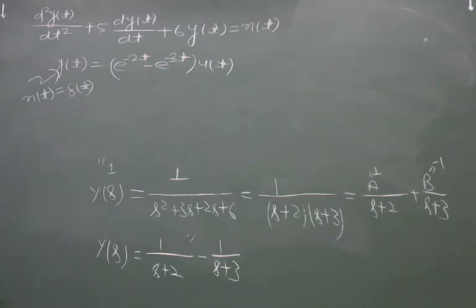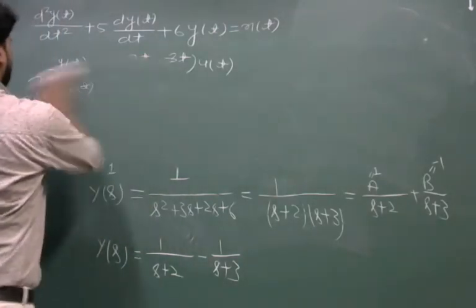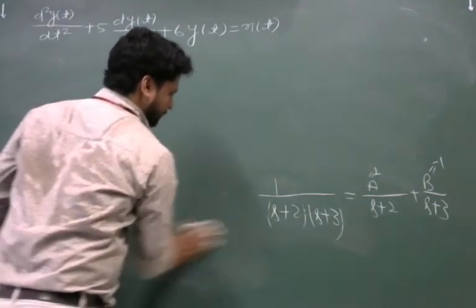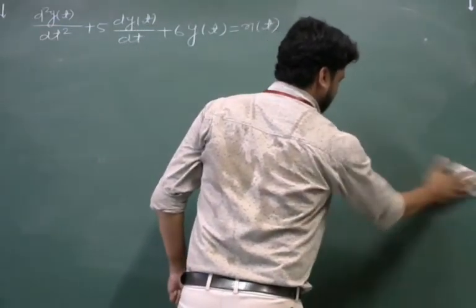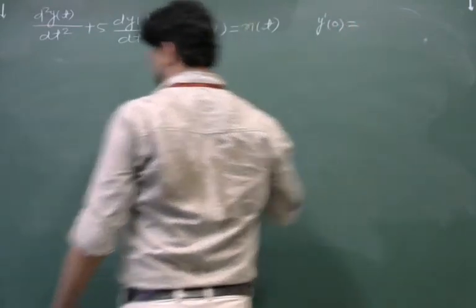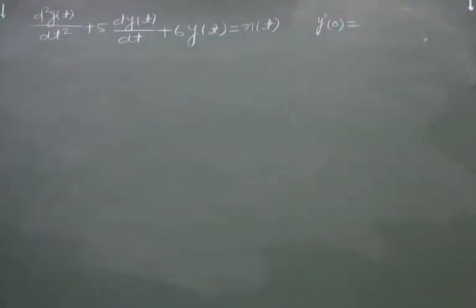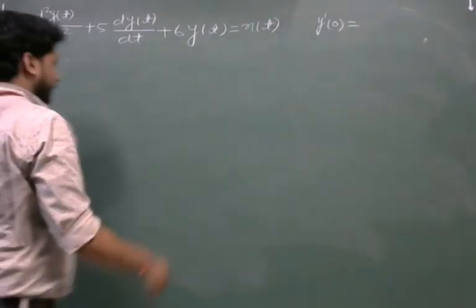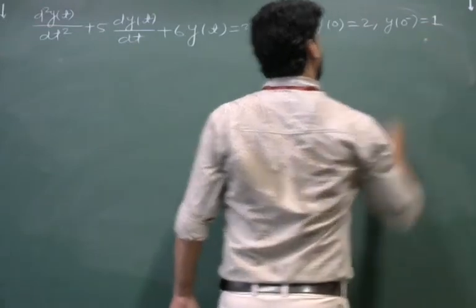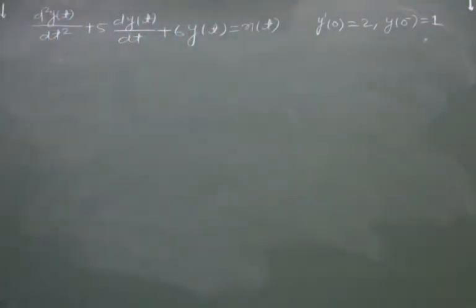In this question itself, the initial conditions are given: dy(0)/dt, meaning y'(0), is given as 2, and y(0-) is equal to 1, and the input for the system x(t) is given as u(t).